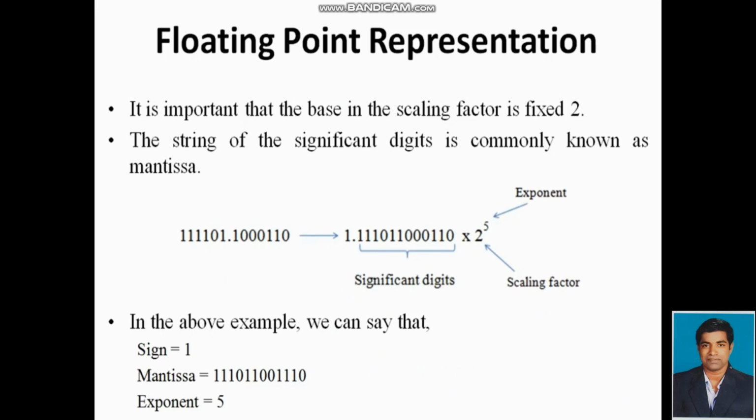The base value is the scaling factor, and the exponent value is 2 to the power 5. Five is the exponent. In the above example, we can say that sign equals 1, mantissa equals 1110110001110, and exponent is 5.